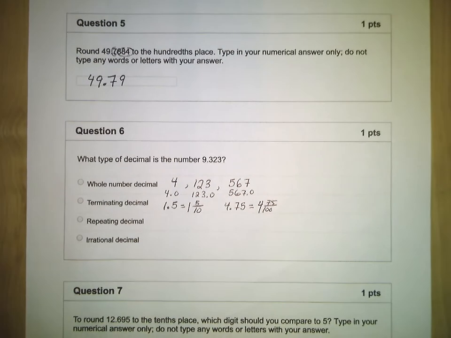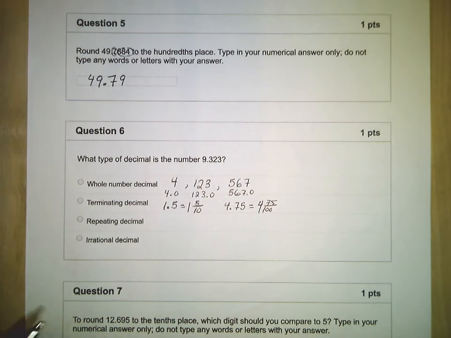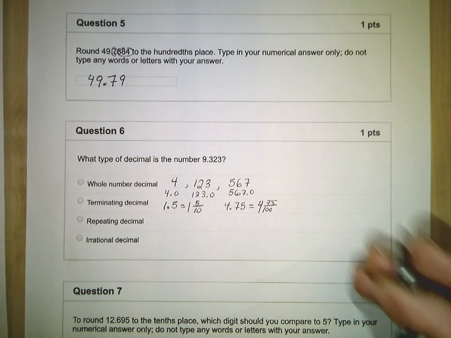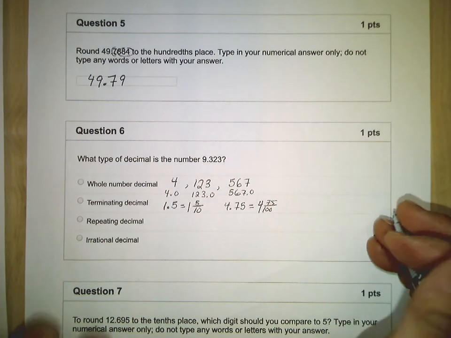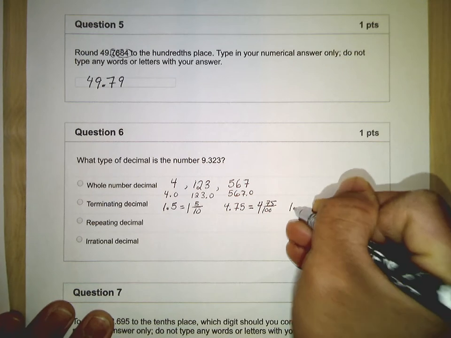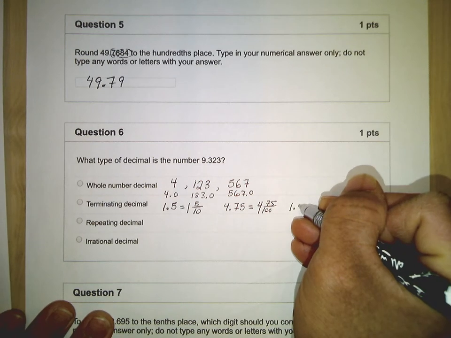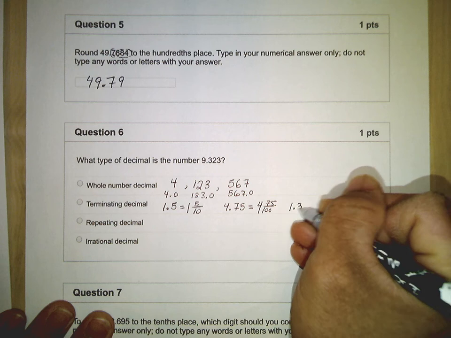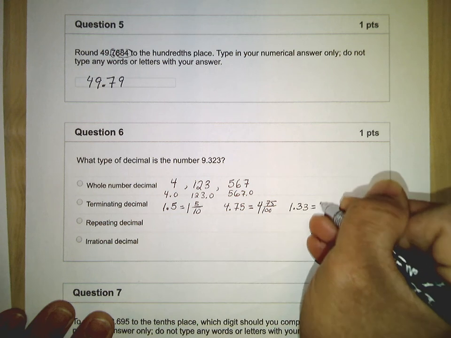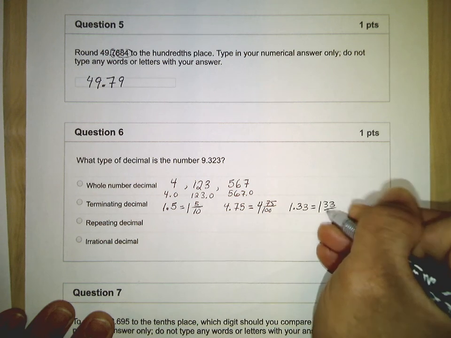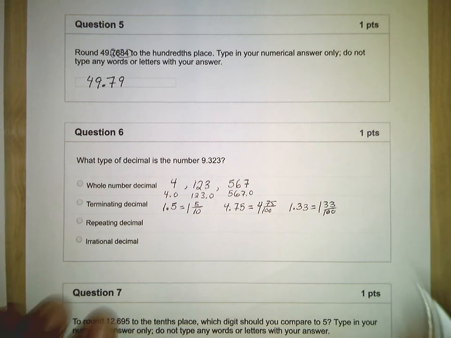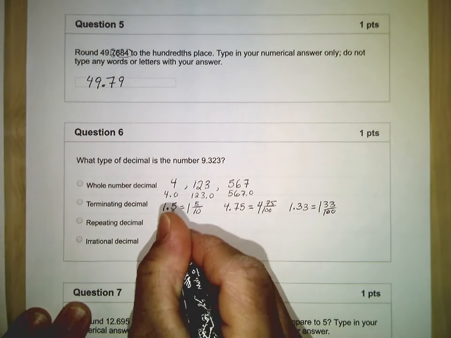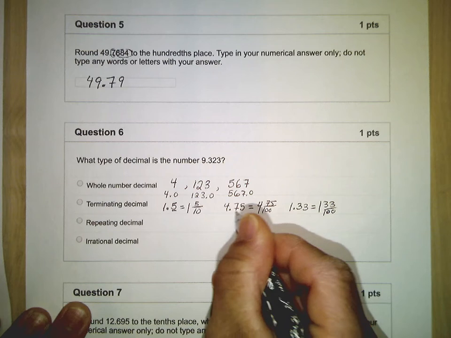All right, so there are some examples of terminating decimals, or you saw one even earlier, the 1 point, let's say, 3, that's 1 and 33 hundredths. So these are decimals that at some point end.